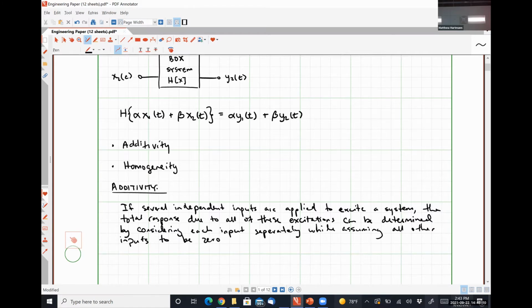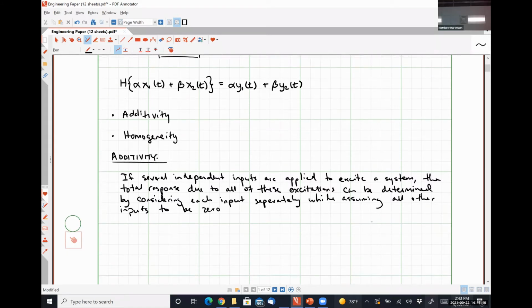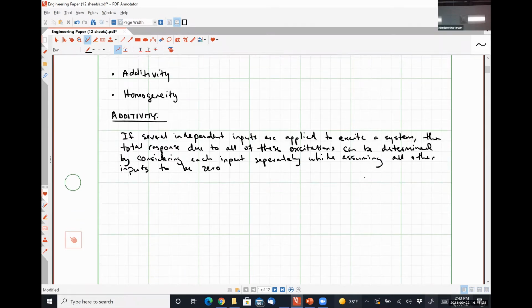So let me explain what that means to you from a system scale, and then we will directly apply it to an example problem. Let's say that I have my black box system, which I'm just going to represent with this box from here on out. And it has its transfer function h of x.